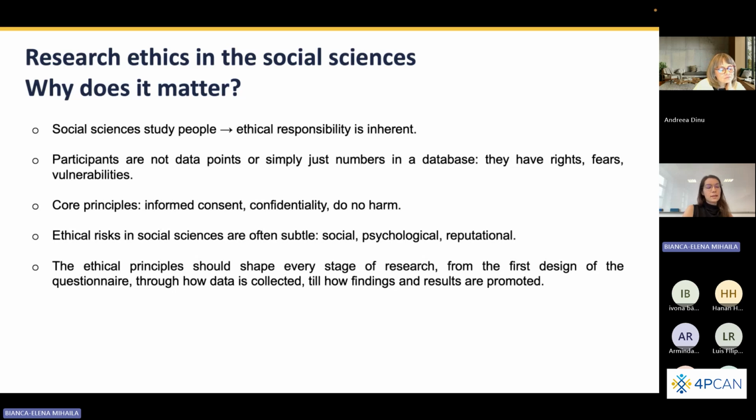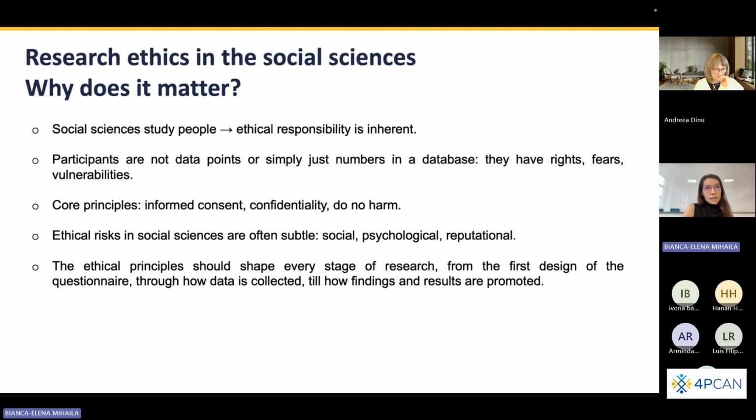I want you to know that in the social sciences and somehow in the medical field, we are working with people, we are studying people, we are studying their behaviors, their relationships, their beliefs, and we are trying to look at them not from an abstract point of view, but at the same time to see them as human beings with rights, with vulnerabilities, with some expectations related to how they are respected and how they are treated when they are part of specific research.